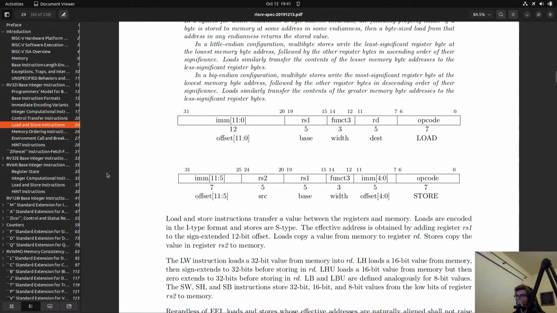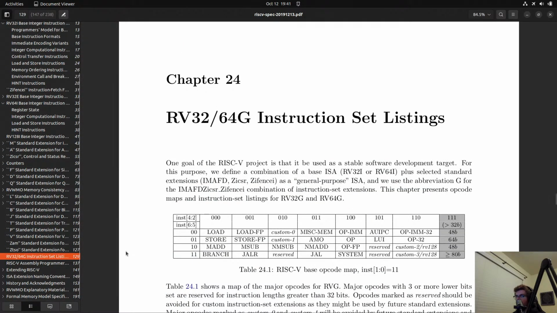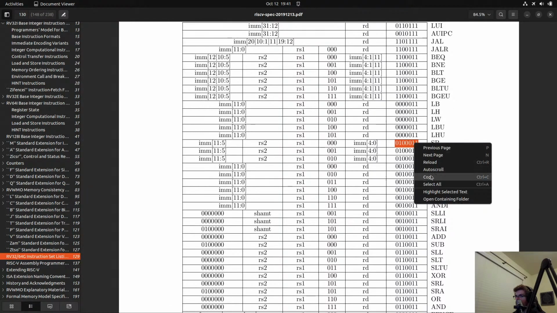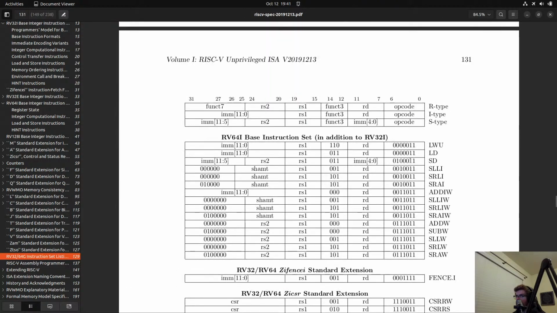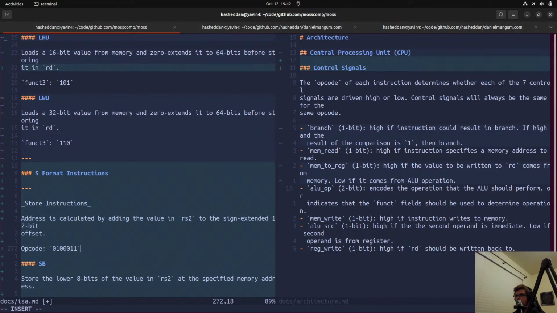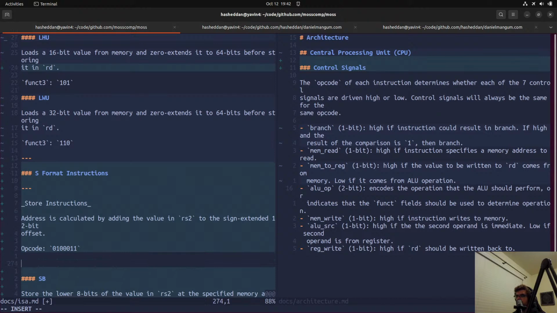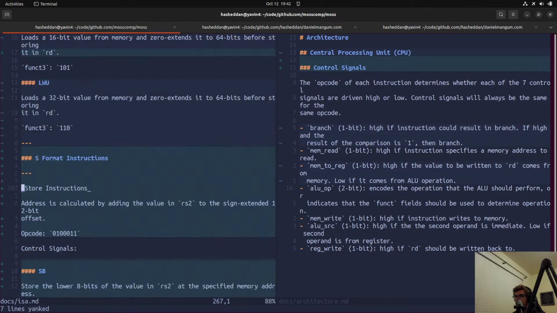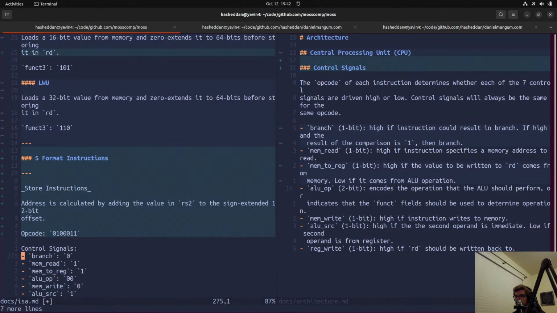The opcode is 01000011, and that matches 464. Okay, perfect. I think that's why I had the 64-bit variants in their own section, because I think they might have different opcodes for some of the earlier instructions.